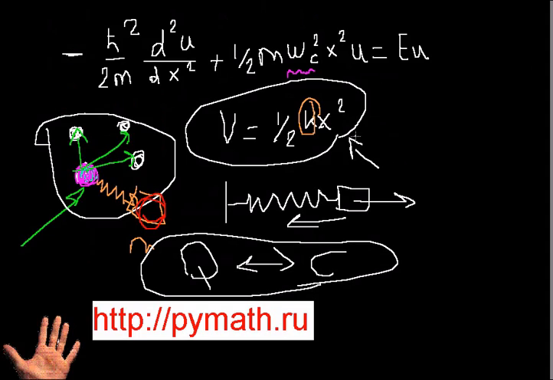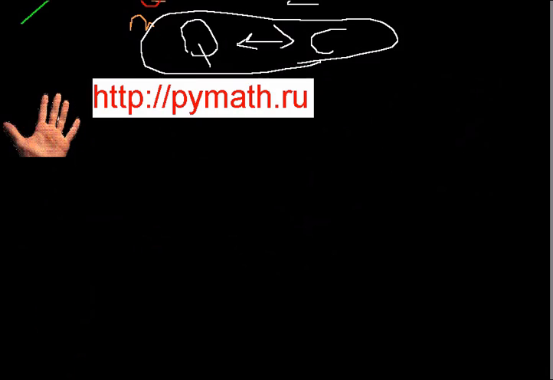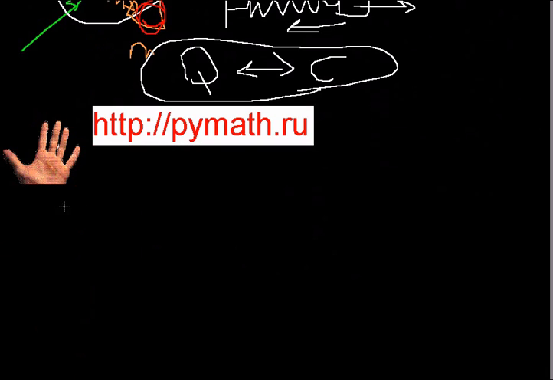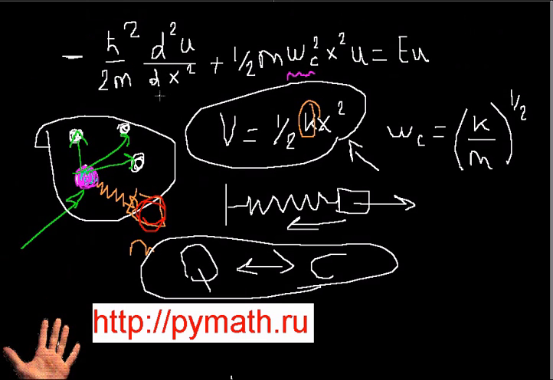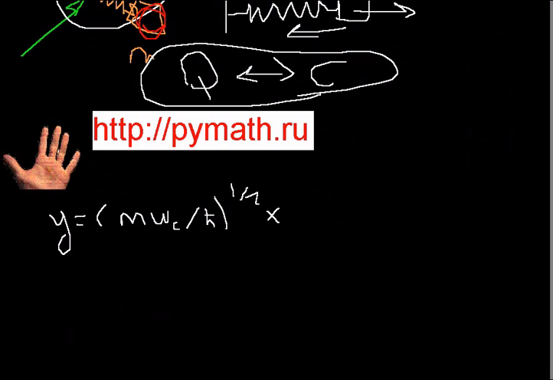But now I want to solve such an equation and make some changes. We see omega, our frequency, which is comparable to the frequency of the usual oscillator in classical mechanics, and this symmetry rule is very often applied within this task. But let's continue. Let's make a substitution and write that y is equal to the square root of m omega over Planck's constant, times x. This is done only for writing this equation in a more convenient form.